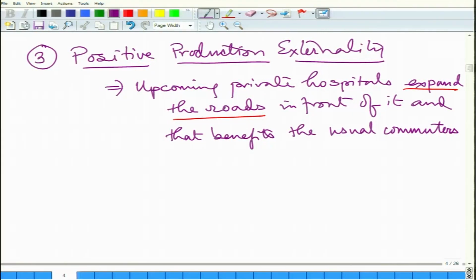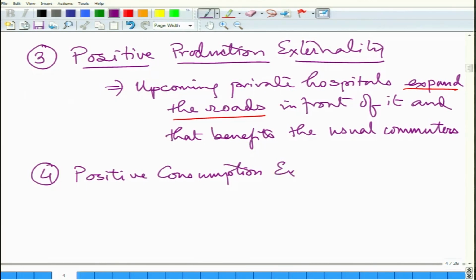What can be the positive consumption externality is, say, there is a high prevalence of a particular flu, say swine flu or something, which was very prevalent in Bangalore some time back, maybe last year, and this swine flu is infectious, contagious.